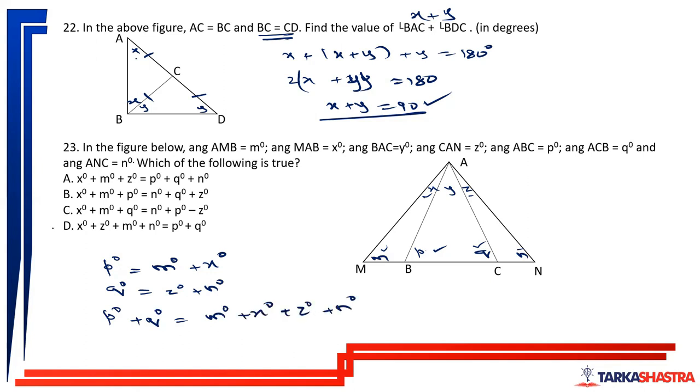Very easy. We have proved that option D is true: p plus q is equal to x plus m plus z plus n.